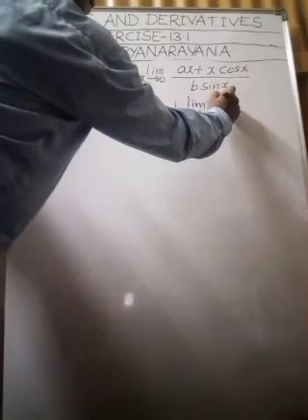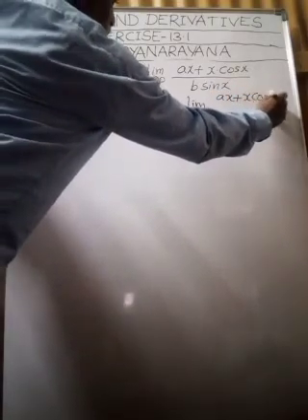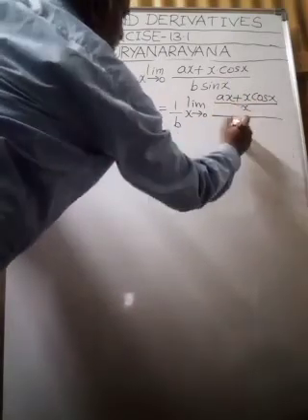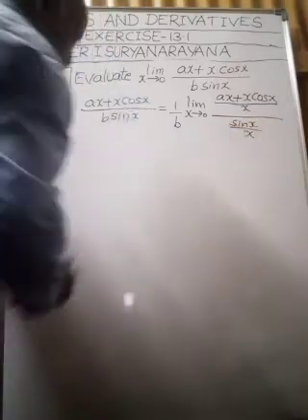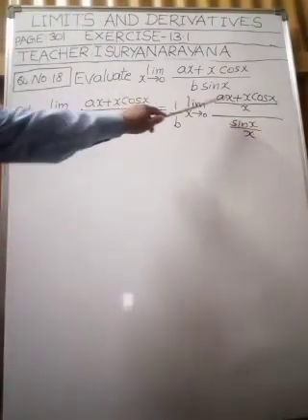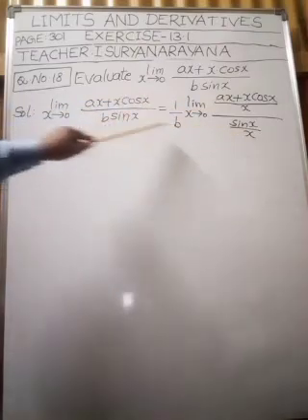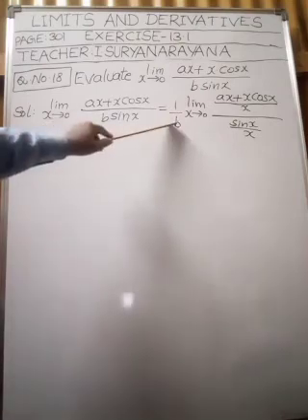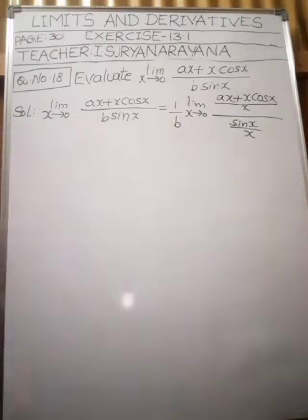Then what will you get? (ax plus x cos x) by x, whole divided by sin x by x. Understood this step, my children? I divided the numerator and denominator by x. Here 1 by b is a numerical coefficient. I wrote it outside. Understood this point, my children? Right.